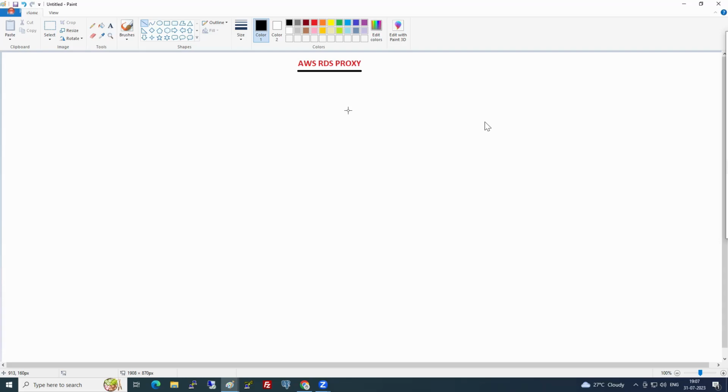So you will have so many connections to the DB engine, where you will get a lot of load on the DB instance. Instead of that, on top of the RDS DB instance, you have RDS Proxy.